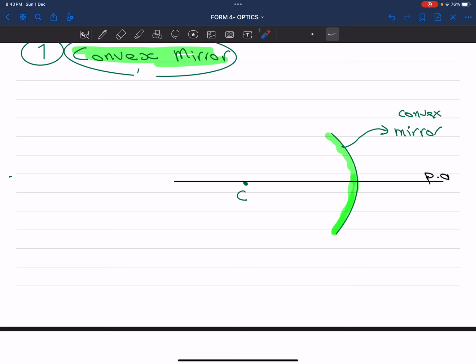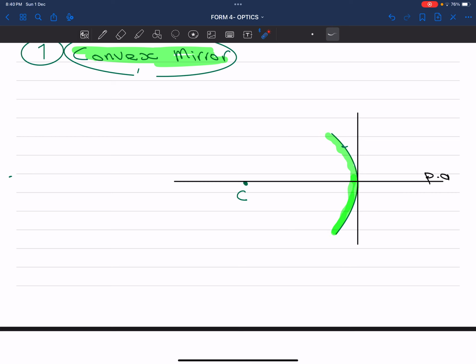Number 2, for this convex mirror, we are going to draw a vertical line, which I'm drawing here now. So this vertical line represents the convex mirror. Okay, that was number 2.